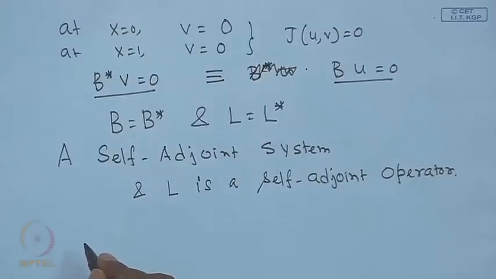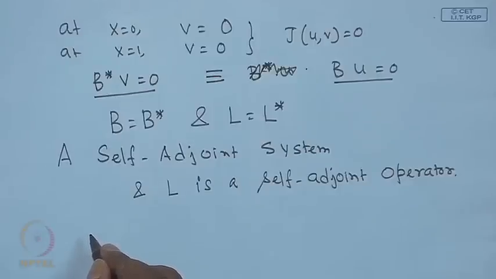Okay. So, in this particular example we have seen that for a Laplacian operator in one dimension, it is a self adjoint operator, because L is equal to L star as well as B is equal to B star.